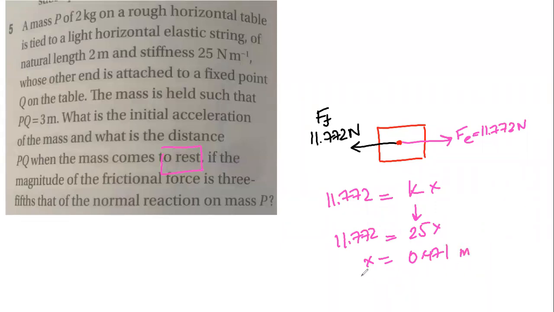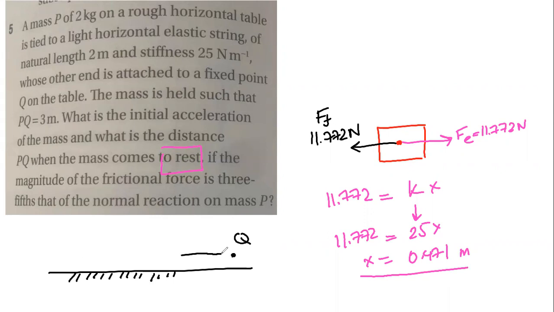Now, hang on. Even though that's the extension, that's not the distance traveled. Let me just sketch the whole thing again. I have here my flat rough surface, and I'm measuring the extension from Q. Here is my Q, original length, which is 2 meters, and here is my body P. 2 is the L naught, the original length.